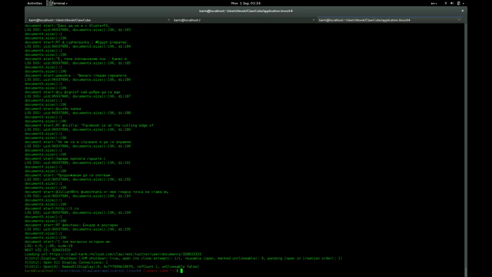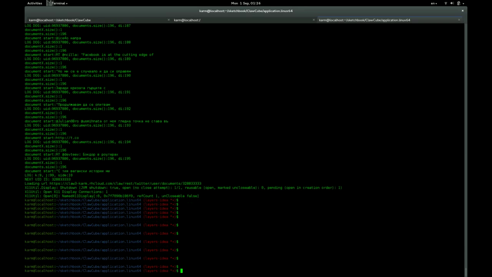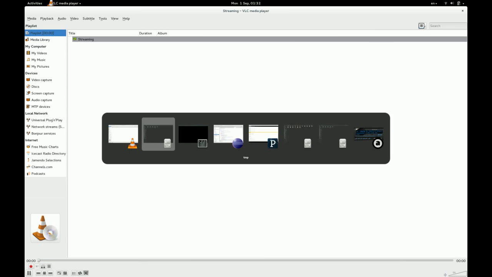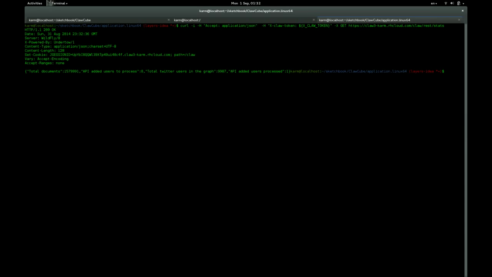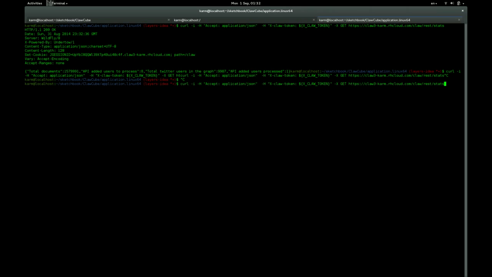And let's take a look at the REST usage with URL. We can retrieve some statistics. One can see there are like 1.5 million retrieved documents already.